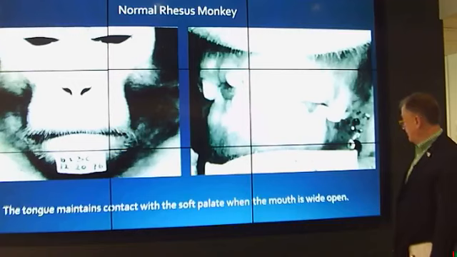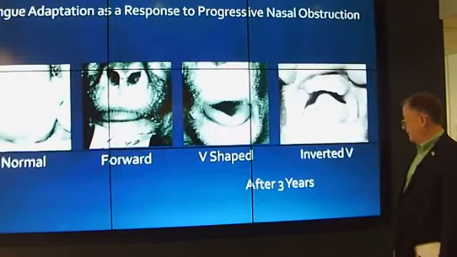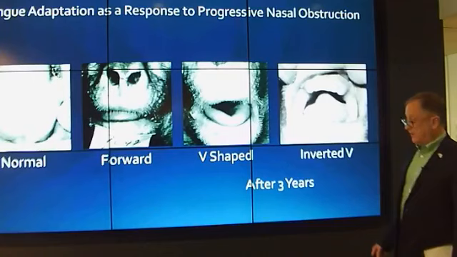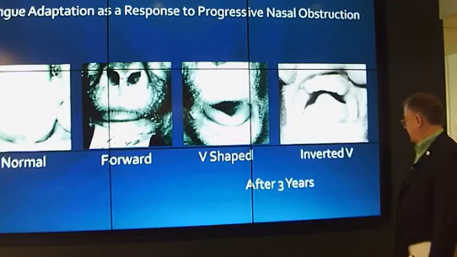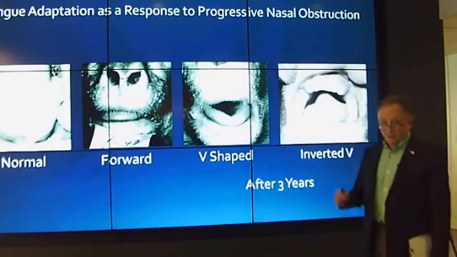I started to see them in mine. This just shows you what they look like in general before they started. That's normal over on the far side. And then you can see the adaptation that the bodies have made over 3 years with the tongue in order for them to breathe.